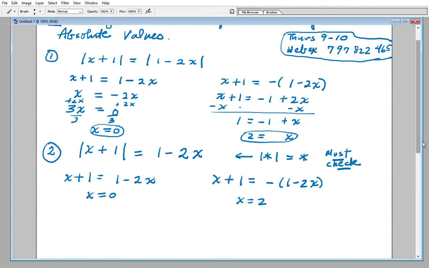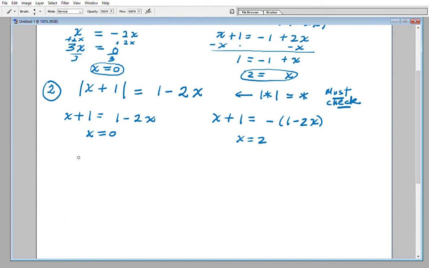But now we'll check. All right, so let's check. Substitute 0 into here. And we have 0 plus 1. We have absolute value of 1 equal to 1 minus 0. So basically 1 equal 1, so that one checks. And here, let's do this check. We're checking x equal 2, plugging back into the original.